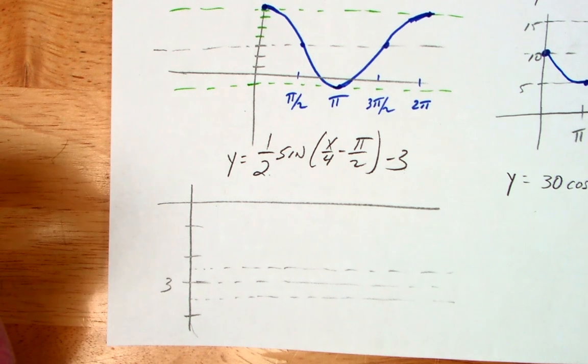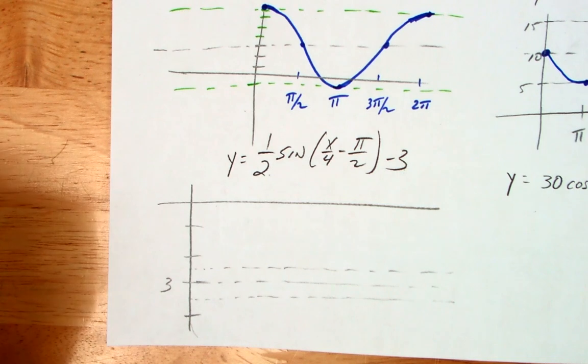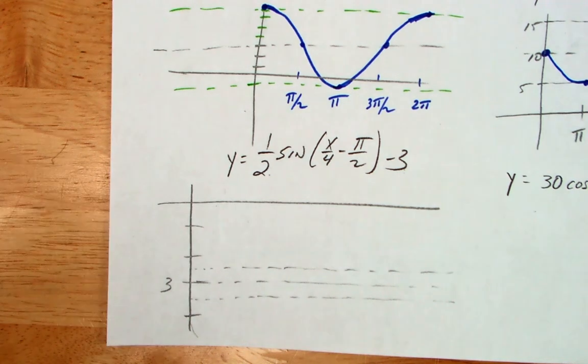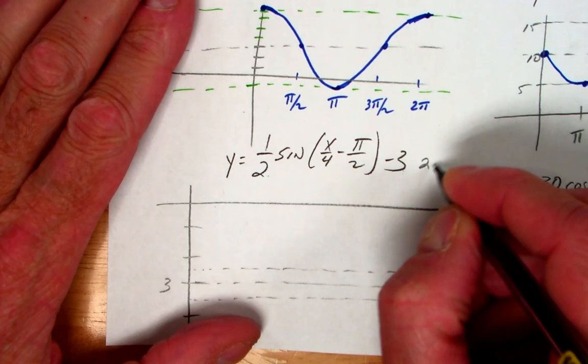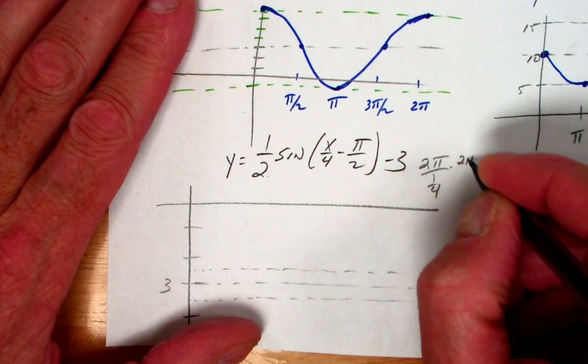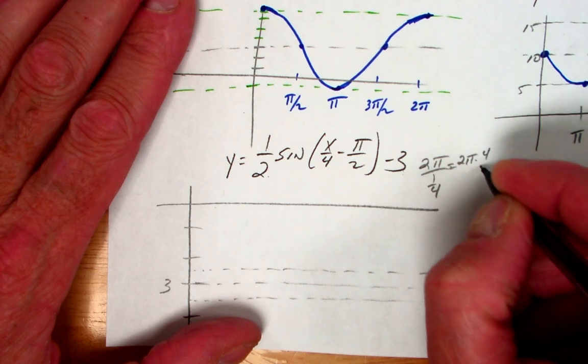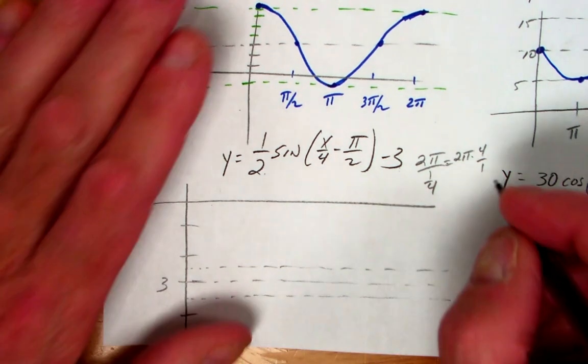Now we've got some other work to do. Let's find my period. What's my period? 8 pi. Nice job, Blake. Okay? Because if we want to go 2 pi divided by 1/4, 2 pi times 4 over 1, which let me get my calculator, gives me 8 pi.